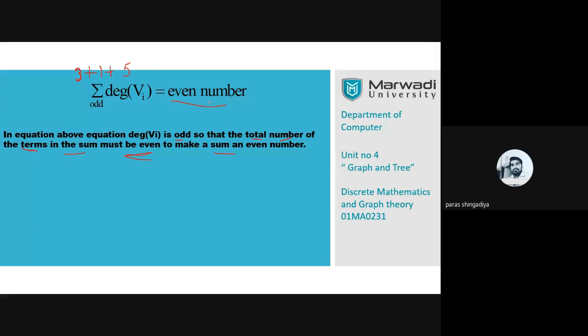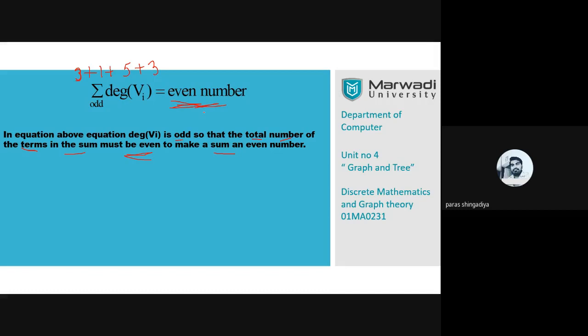What should the answer be here? That must be an even number. But when we take the addition, we get 9, and 9 is not an even number. So we need to add one more vertex whose degree is odd, which makes the answer an even number. Now check that. 3 plus 1 plus 5 plus 3: that becomes 8 plus 1 is 9, plus 3 is 12.